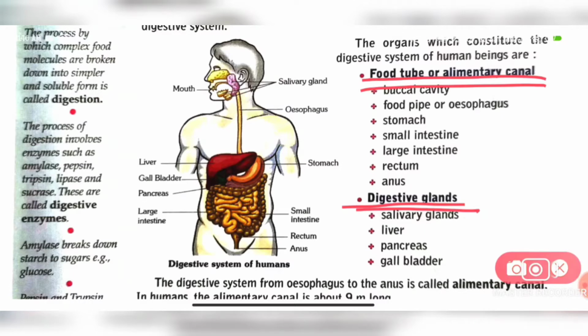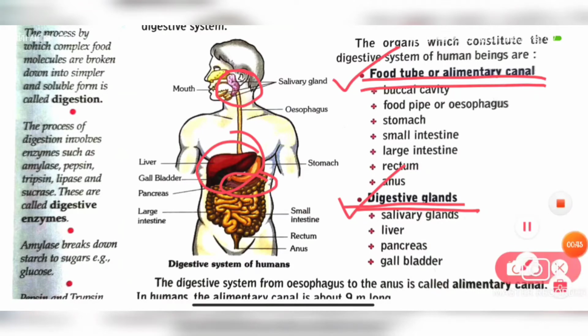Different glands are situated in our mouth and our abdominal cavity. They are the salivary glands, liver, pancreas, এখানে ছোট্ট আছে pancreas, and gallbladder. So these are the two types of organs involved in this digestive process.